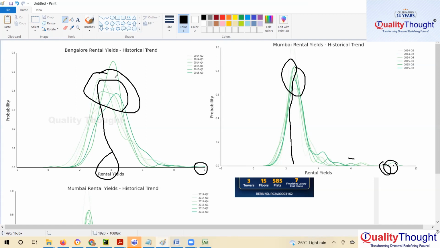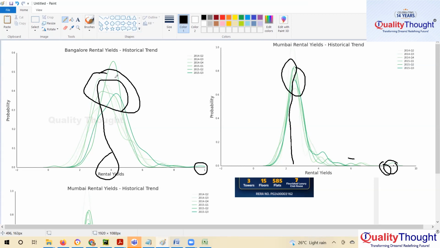What kind of graph is this? This is also a frequency distribution. When you have very large values, then your rectangle will look like a line. Continuous values, we call them continuous values. Discrete values, you will get rectangles.